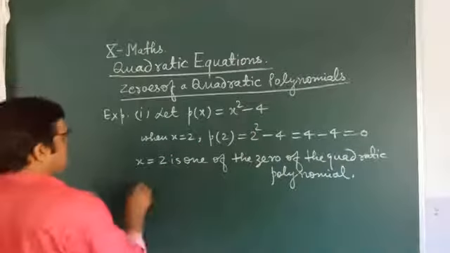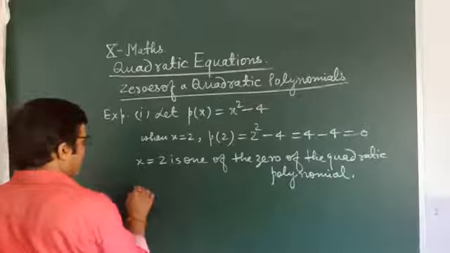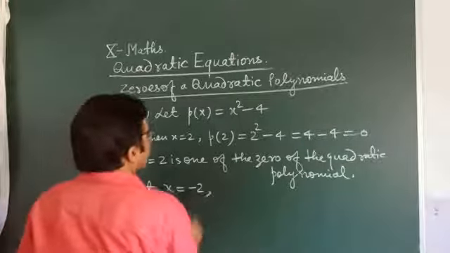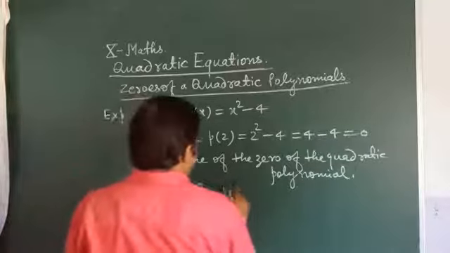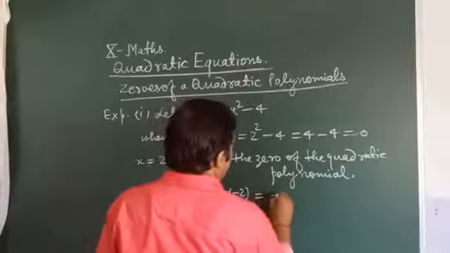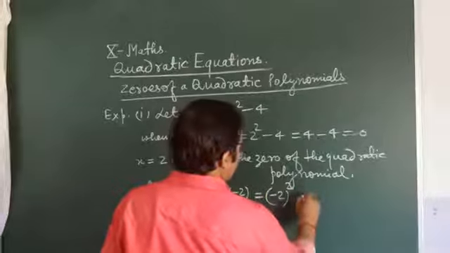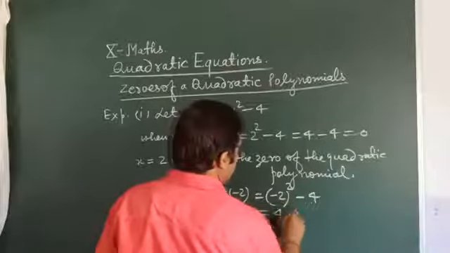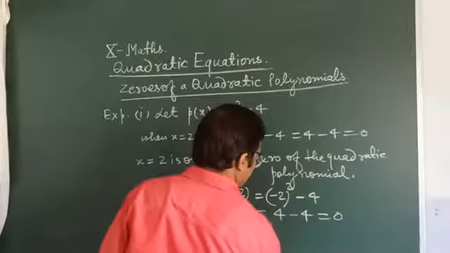Now we put x equal to minus 2. We have p(minus 2), that is minus 2 whole square minus 4 equal to 4 minus 4 equal to 0.